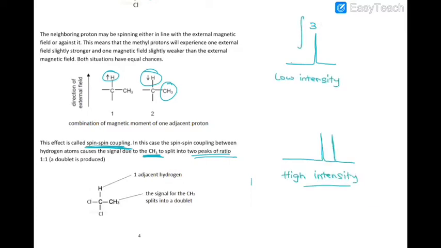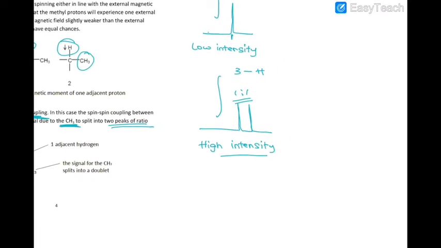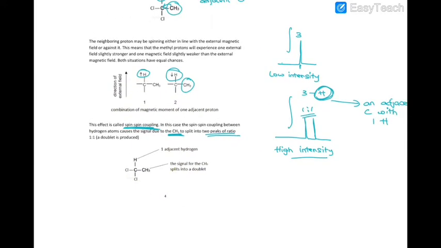But when we look at a high resolution NMR, we would see that same peak at the same chemical shift value split into a doublet, ratio 1:1, still integration 3, so the intensity will still be 3, indicating there's 3 hydrogens, but you'll see that there is a doublet. So the doublet gives us additional information, meaning that these 3 protons have an adjacent carbon with 1 proton attached to it.